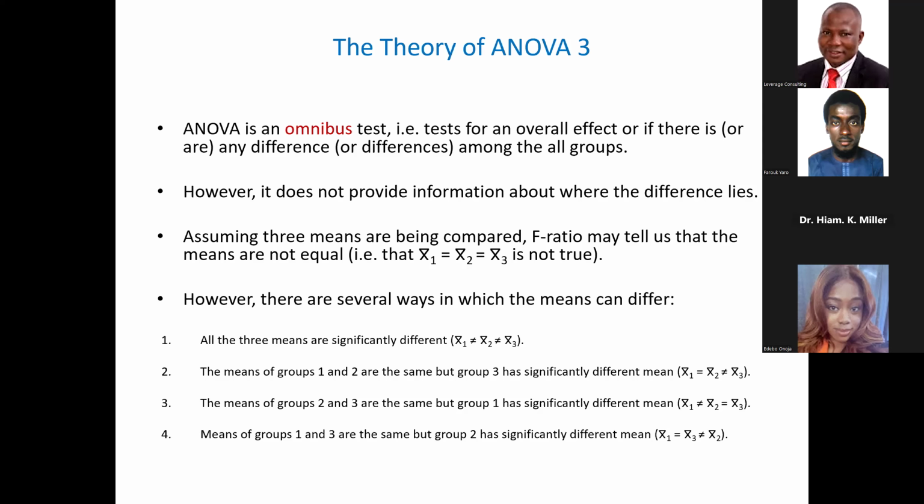It may mean that 1 and 2 are the same, but the third is different: X bar 1 equals X bar 2, but not equal to X bar 3. It may mean that 2 and 3 are the same, but one is significantly different: X bar 1 is not equal to X bar 2, but it's equal to X bar 3. It may mean that 1 and 3 are the same. So the difference can be found anywhere.